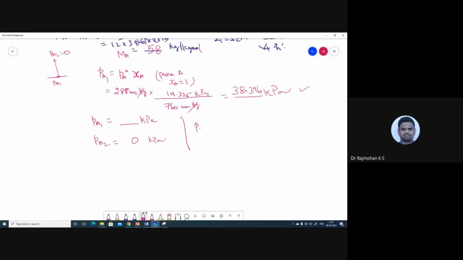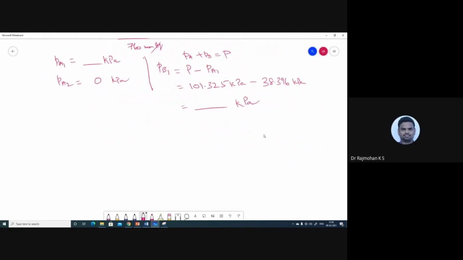Then what is PB1? We know PA plus PB equal to total pressure, right? So PB1 equal to total pressure minus partial pressure of A. So total pressure is 101.325 kilopascal minus PA1, 38.396 kilopascal. So you will get this in kilopascal.